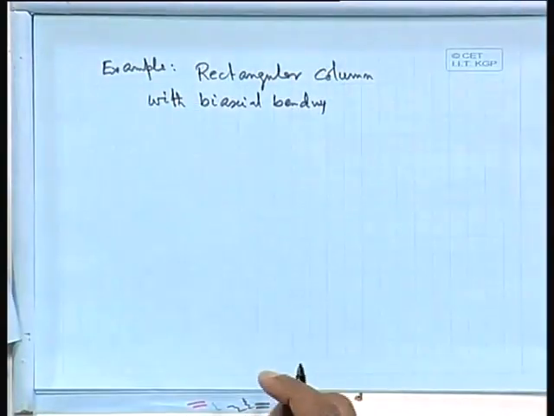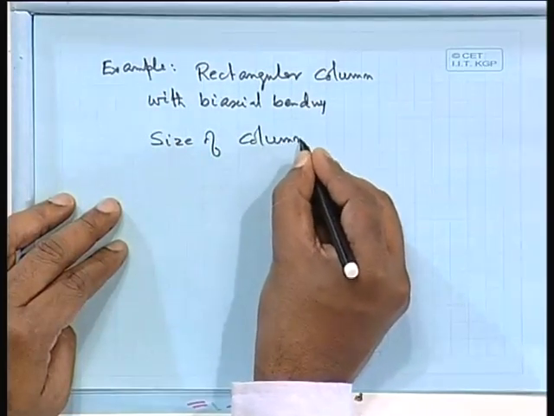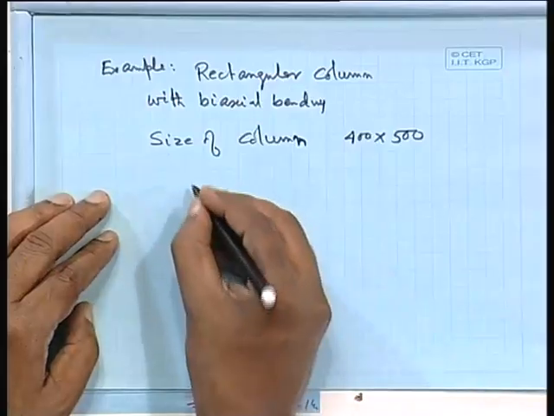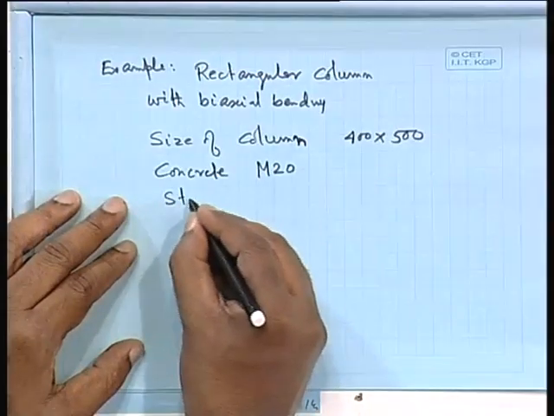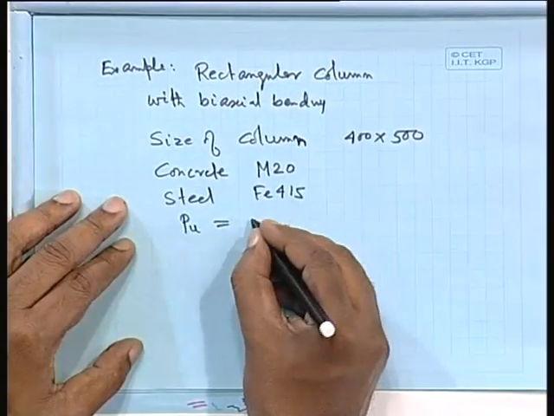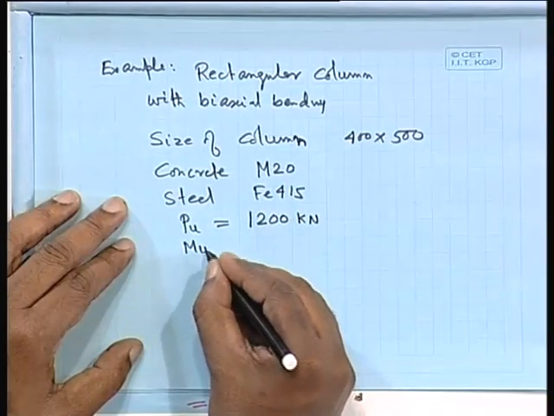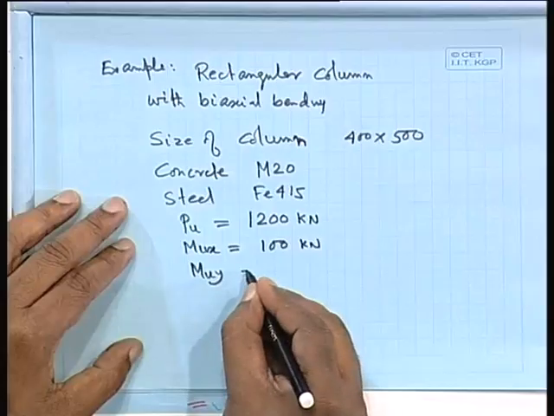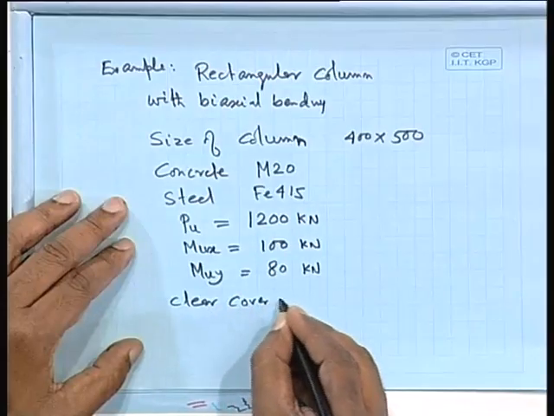Okay. So, let us take the column section, size of column 400 by 500, concrete M20, steel Fe415, Pu let us take again 1200, Mux let us take 100 kilonewton, Muy let us take 80 kilonewton, clear cover 40 millimeter.